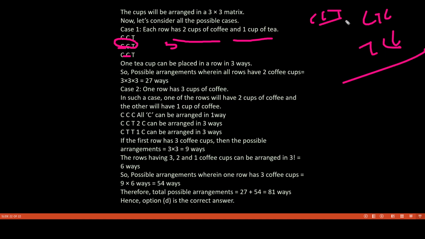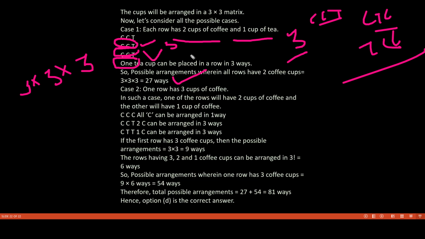These three ways we can do the arrangement. So there are three ways of fixing 2 cups of coffee and 1 cup of tea in a row. Now these arrangements will also differ for each row, so we get 27 ways if we are using at least 2 cups of coffee in each row.